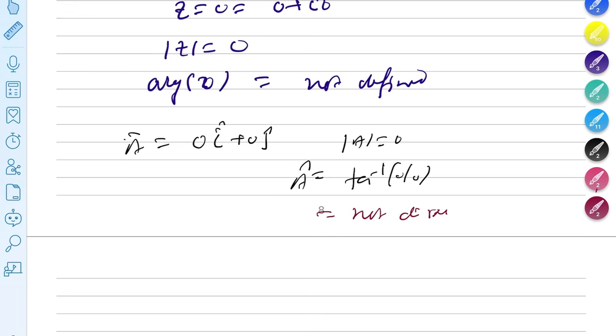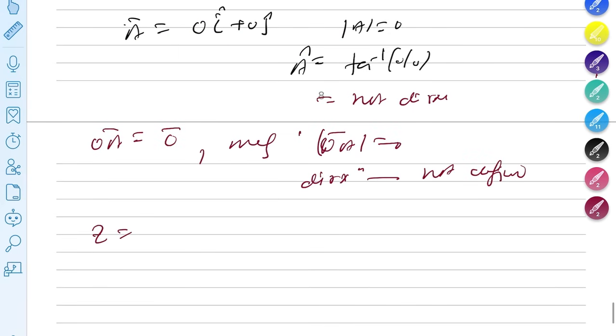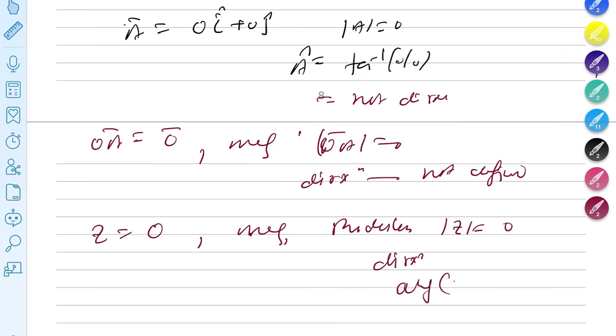Similarly, for the complex number 0, the modulus mod z is 0, whereas the argument of z is not defined.